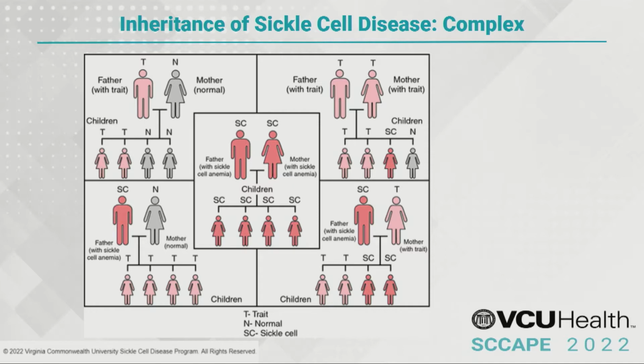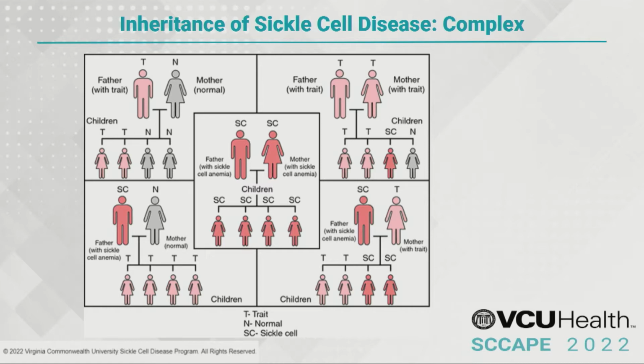So if you look at this, this would be my top left box, where the father has the trait, the mother does not have the trait, then you can see what are the chances of the child either having the trait or not having the trait at all. It's 50-50. So you have this 50% chance of either having the trait or not having the trait.